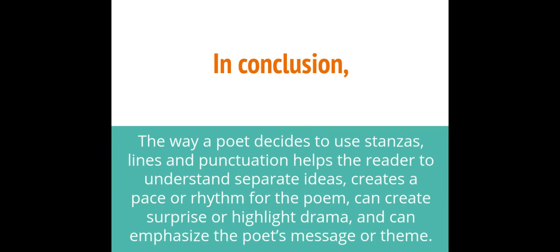These ideas are used maybe to separate out ideas within the poem, maybe to separate out different tones within one poem. Sometimes lines, stanzas, and punctuation will create a pace or create a rhythm for a poem. Sometimes stanzas, lines, and punctuation will make a poem read quickly or a poem read slowly.